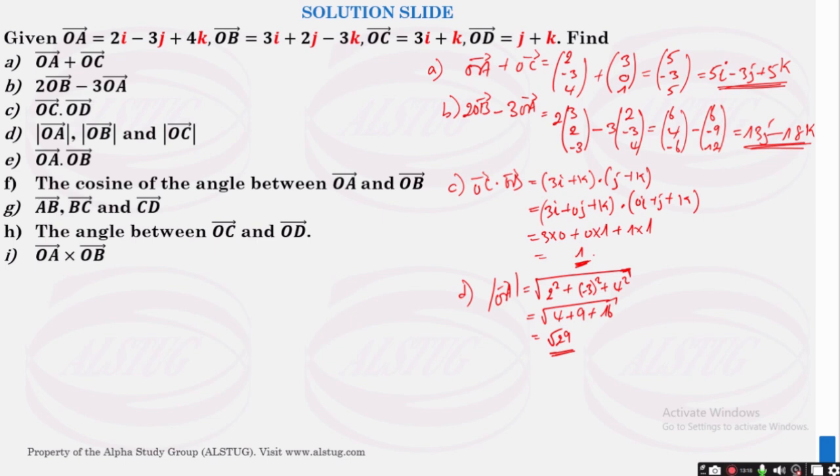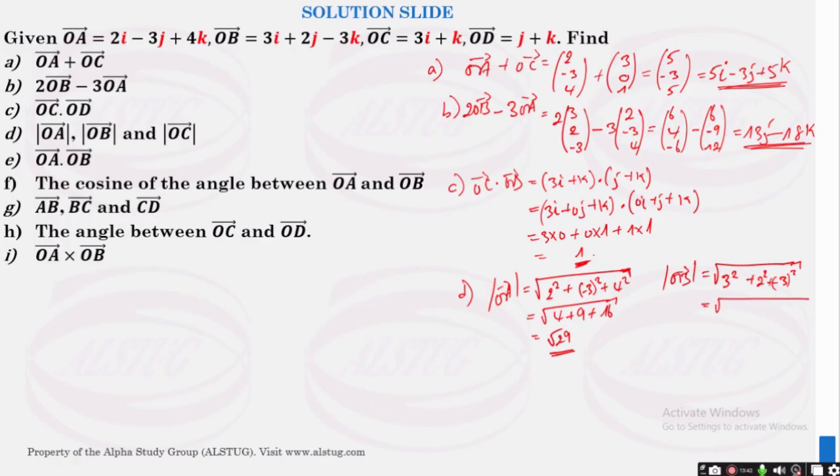So we have now the magnitude of OB. The magnitude of OB will be the square root of 3 squared plus 2 squared plus negative 3 squared.